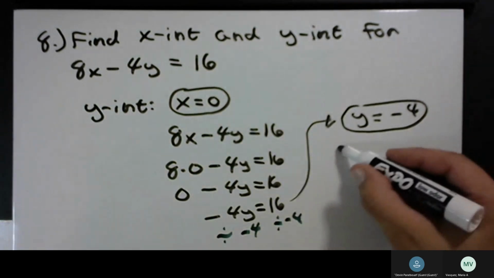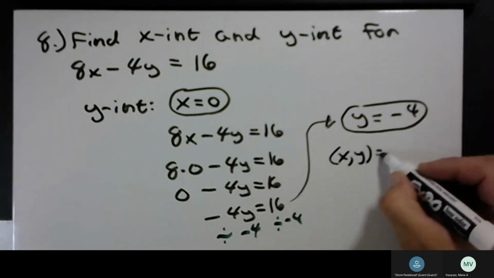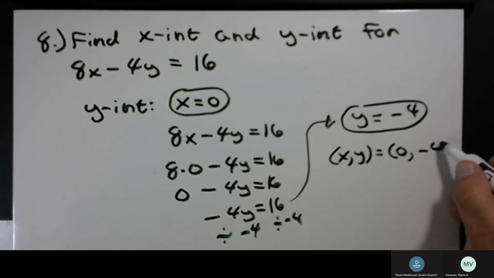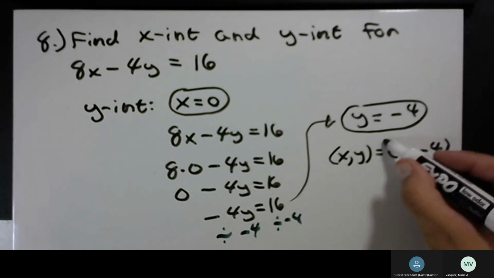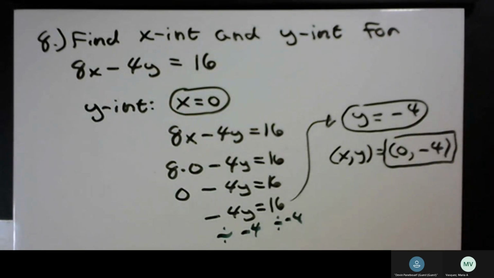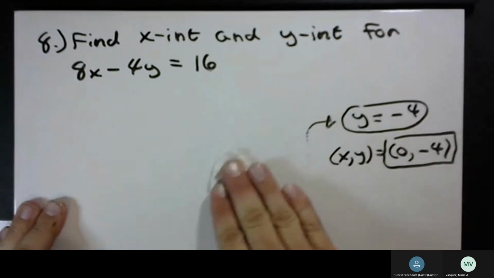So what we get is x comma y is 0, negative 4. So that's going to be our y-intercept. Now, I mentioned there were different ways for graphing lines. This is another way you can graph a line.